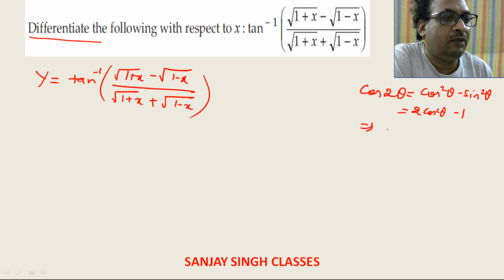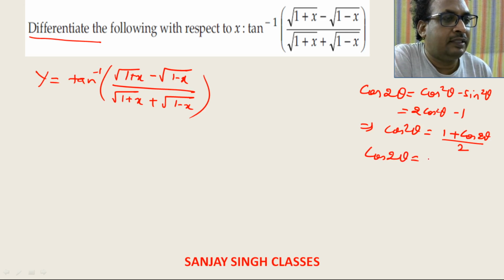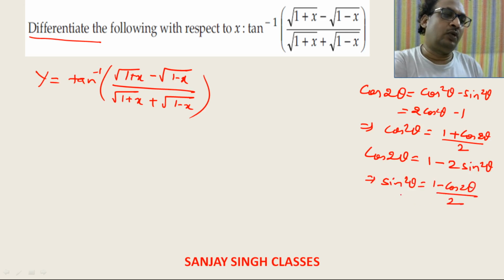Thereby cos square theta is equal to 1 plus cos 2 theta divided by 2. Similarly, cos 2 theta can also be written as 1 minus 2 sin square theta. It means sin square theta can be written as 1 minus cos 2 theta divided by 2. So this particular concept we are going to utilize now.